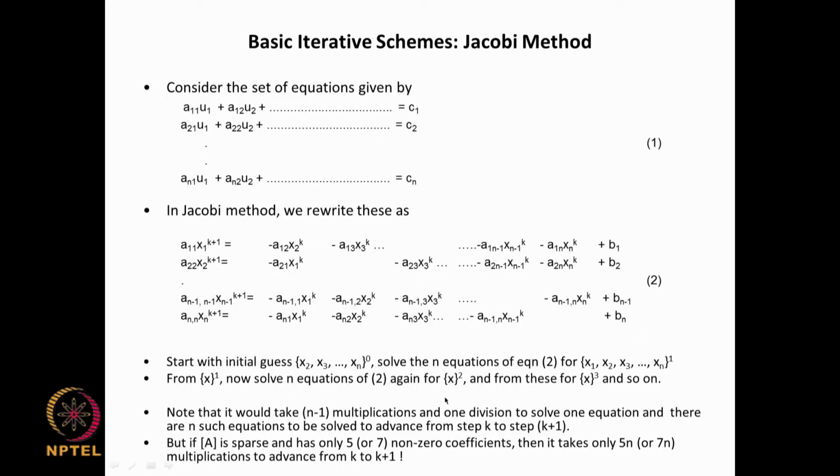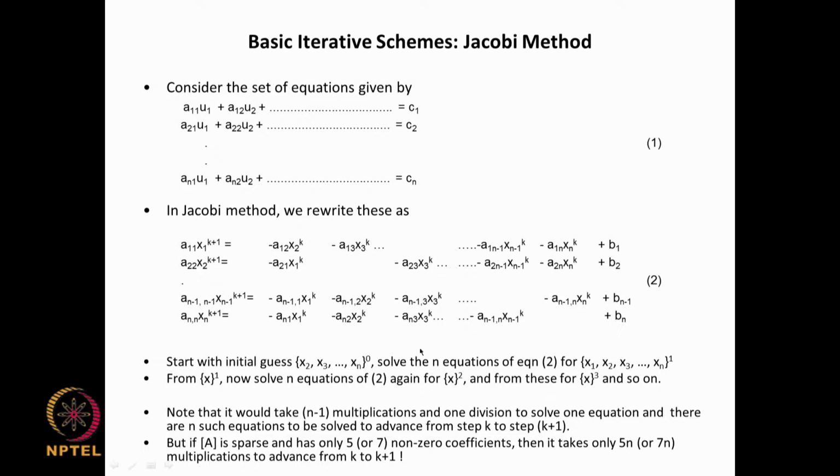So that means that you need n minus 1 multiplications and 1 division to solve one equation, and in each iterative step you have to solve n such equations, because you have to get an updated value for x1 and then updated value for x2 and all the way up to xn.